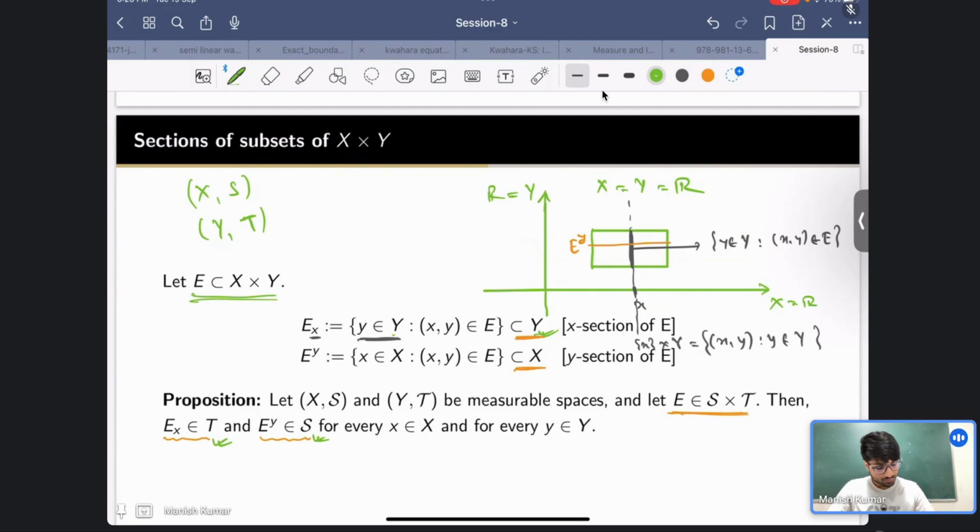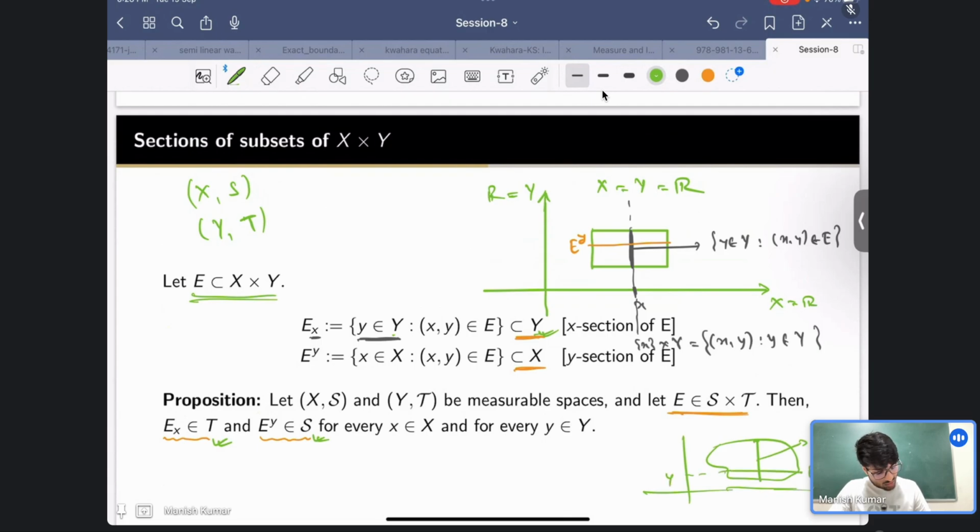If you don't have this rectangle, let me draw it somewhere else. Any set you take, suppose this is your set E, which is in the sigma algebra, then Ex would be nothing but this line. This line will be called Ex, and this will be Ey corresponding to this y.